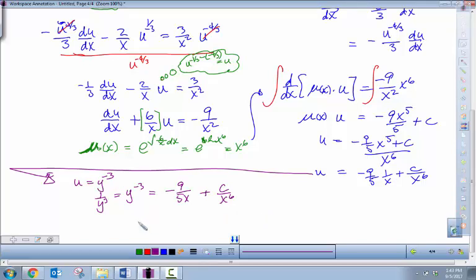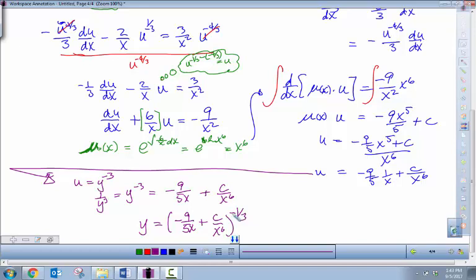So y is equal to, let's see, the third root and the reciprocal. Yeah, I could just do that. Negative 9 over 5x plus c x to the sixth, to the negative 1/3.